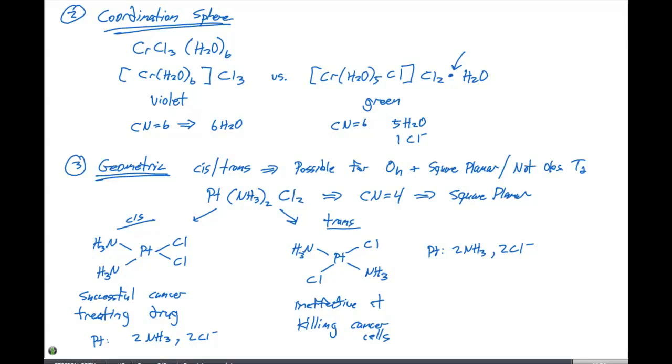This has to do with how the molecules are oriented in 3 dimensions. In a square planar molecule, there's a difference between how these NH3s are coordinated on adjacent vertices in the cis case and opposite vertices in the trans case.